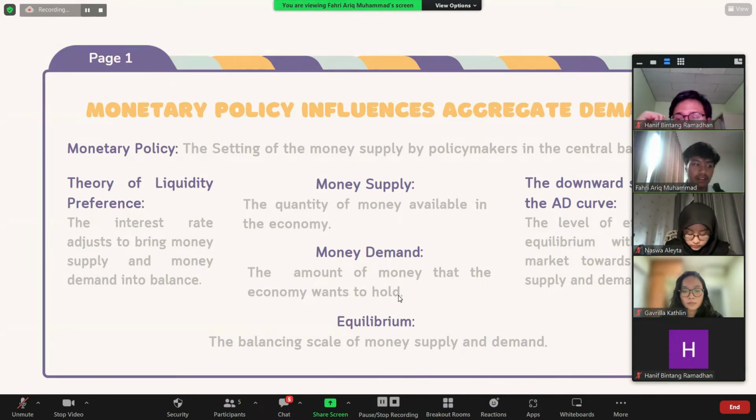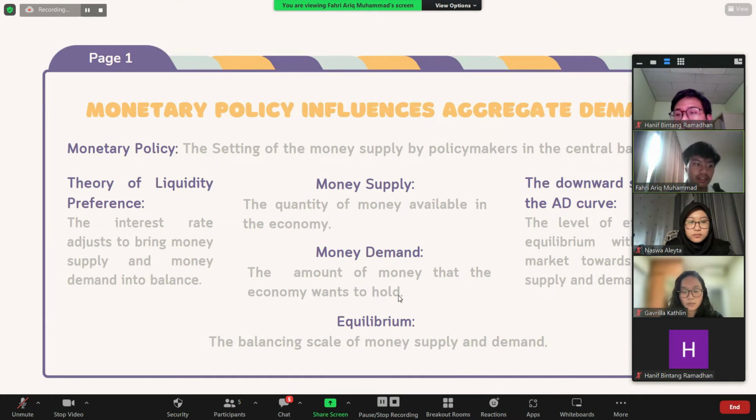So what's equilibrium? It is the balancing scale of money supply and demand. If the interest rate is at any other level, people will try to adjust their portfolios of money and non-monetary assets and, as a result, drive the interest rate towards the equilibrium.